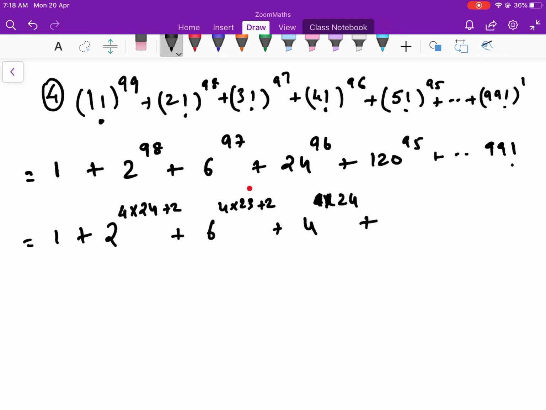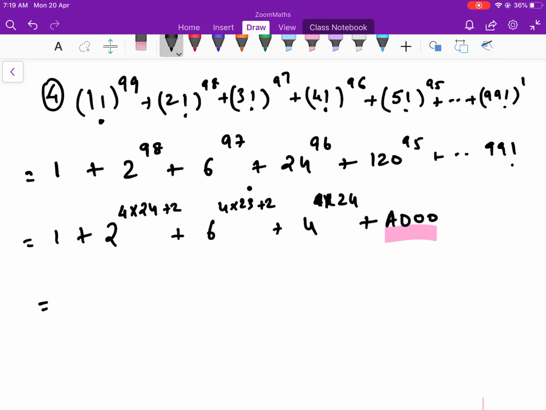Plus 120 will always have zeros, so don't worry about that, it will end in zeros. So addition of that doesn't make any difference for us, and we will not have any problems with that. So this is some number that ends in zeros, multiple zeros. I'm just putting 3 for the sake of explanation over here.